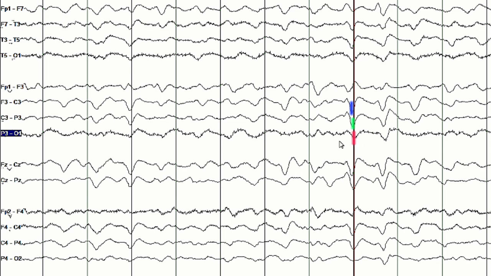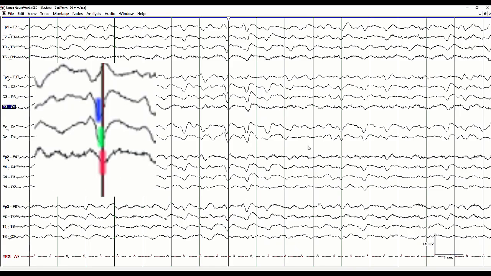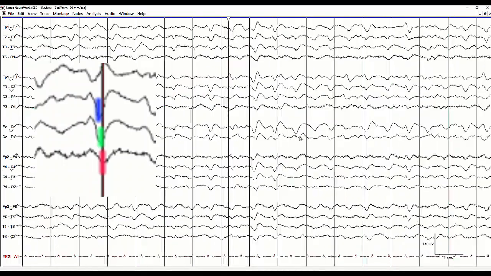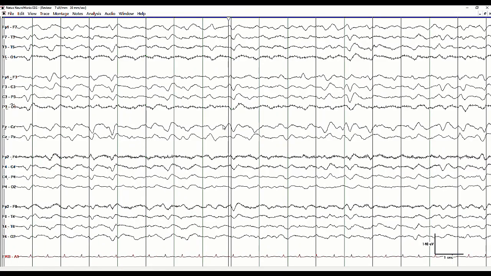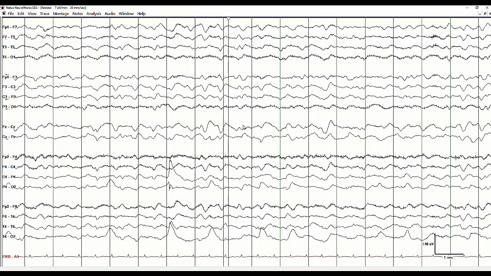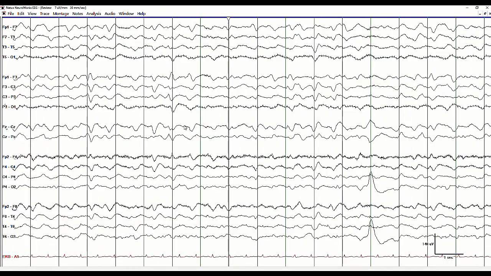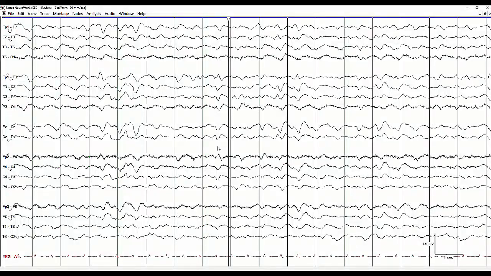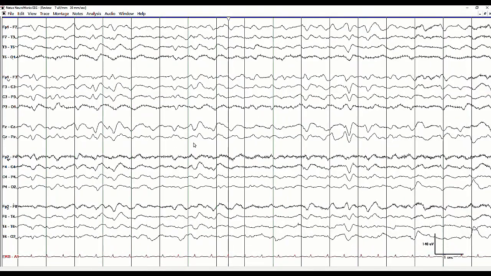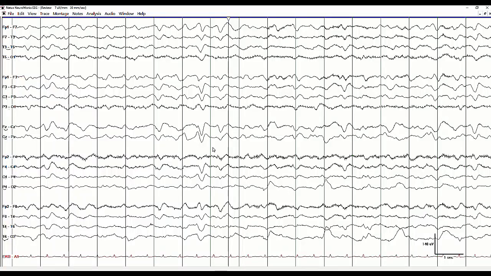So there's a little bit of a lag across time. They're not all occurring synchronously. There is a synchronicity to the GPDs, but in a relative sense, they're not occurring synchronously. There's just a subtle lag.